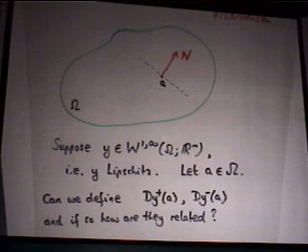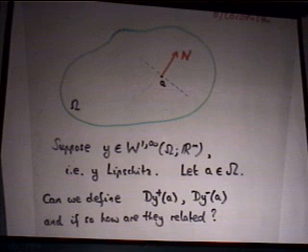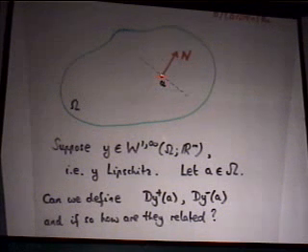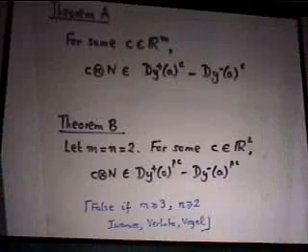And so it turns out that you can define these sets. I won't say exactly how it's done, but it's done using blowing up in a little ball around this point and using Young measures. And you can define them, and then you get two theorems which generalize the Hadamard jump condition.